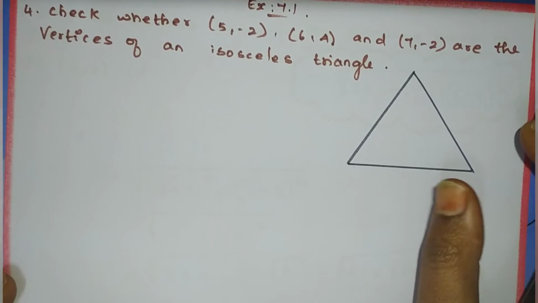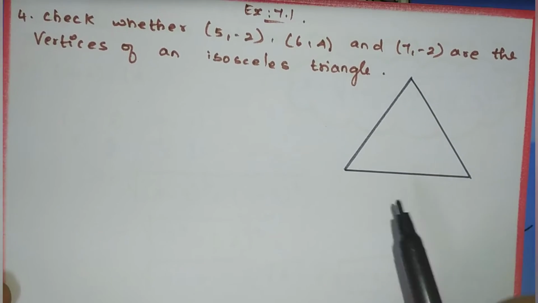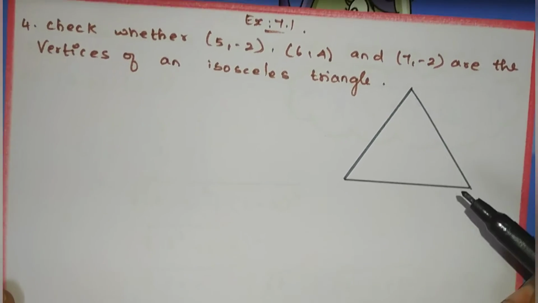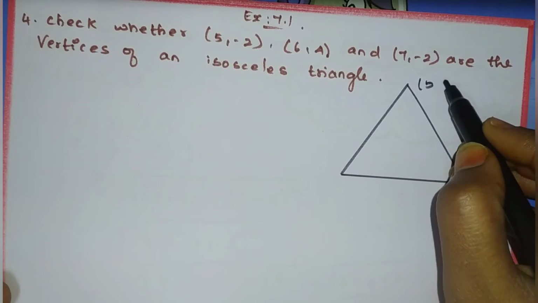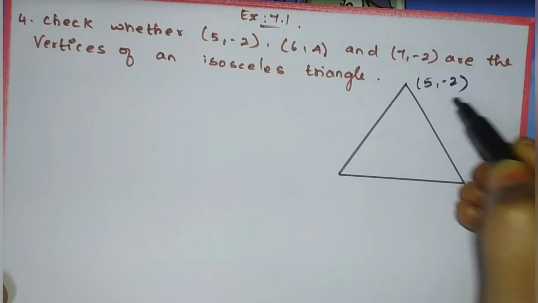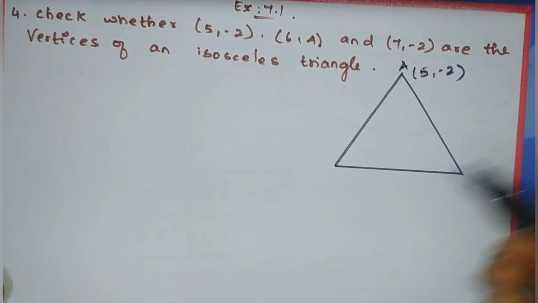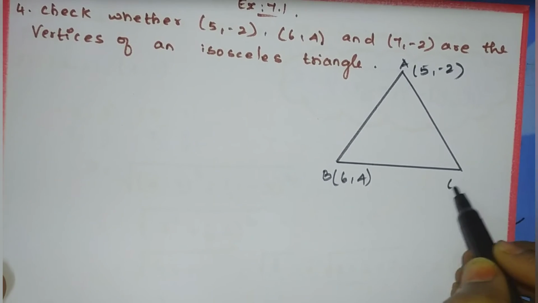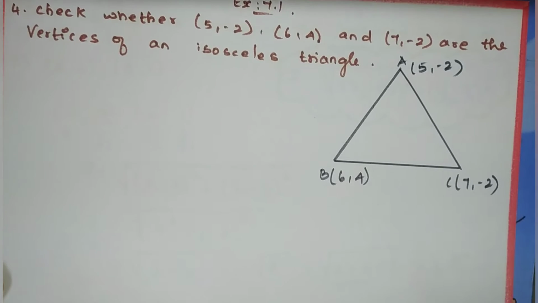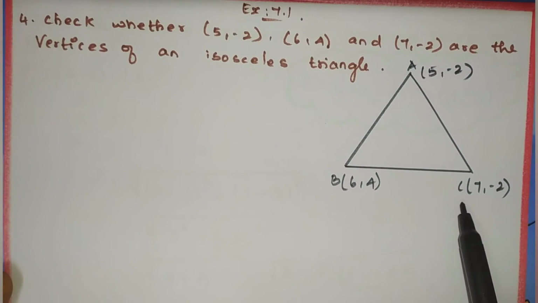First I am going to write the vertices: A (5, -2), B (6, 4) and C (7, -2).